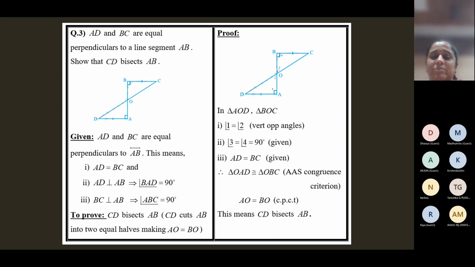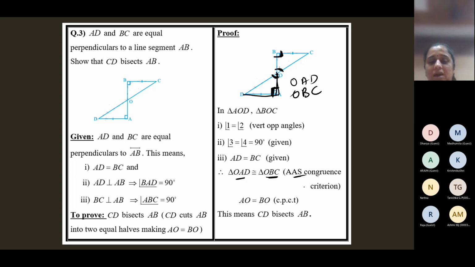And again, how to name it? Here the order is not given, so we have to name it. If you say OAD, O is what? Angle 1. And you know it's equal to angle 2, so you should say O for the second triangle also. And A is angle 3, so here it should be angle 4, so B. Then the third vertex C. If you say OAD, it is OBC.